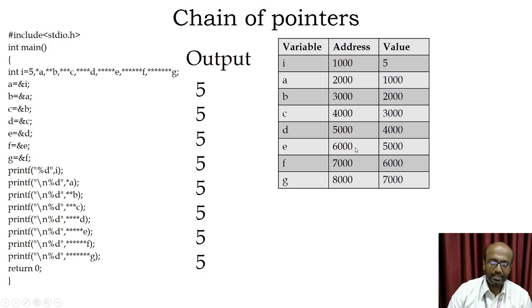Then the value at 6000 is 5000. Then the value at the memory location 5000 is 4000. And the value at the location 4000 is 3000. And at 3000 is 2000. And the memory location 2000 holds 1000. And at 1000, the value is 5.